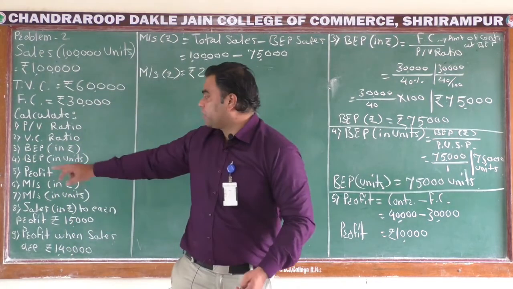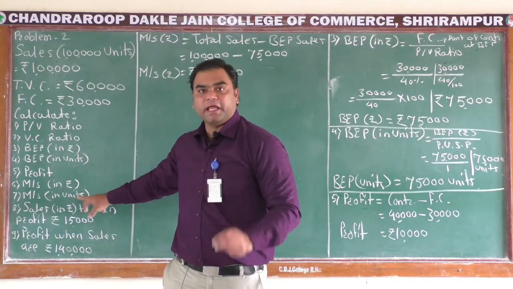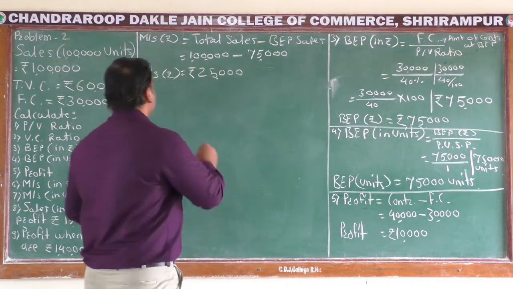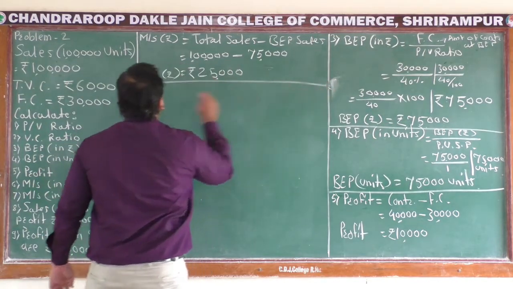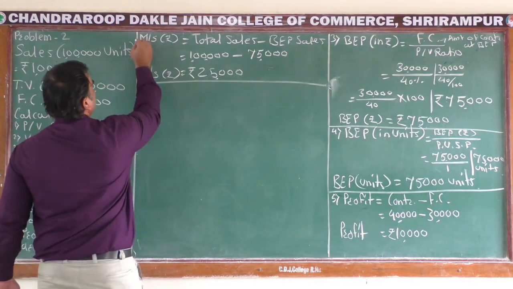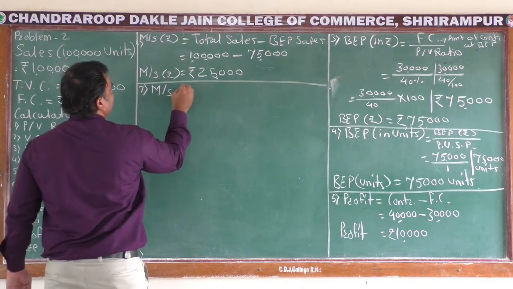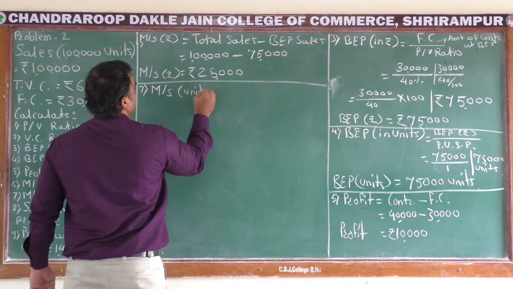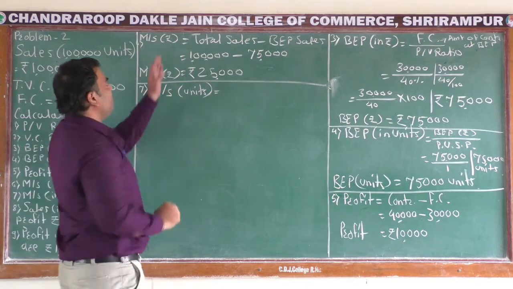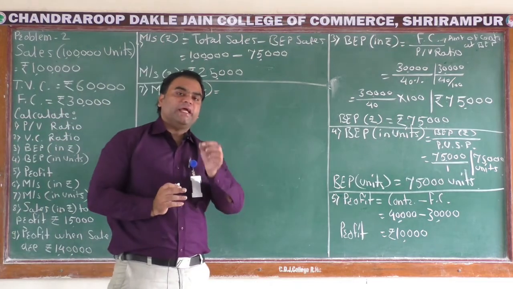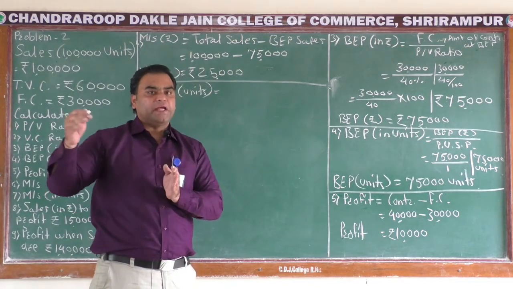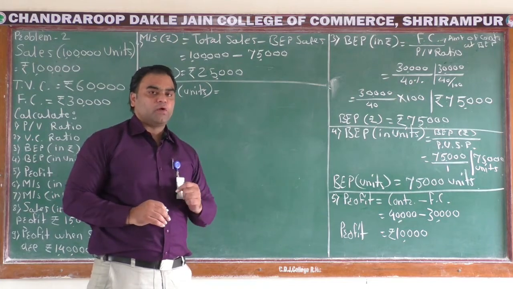Now we are going to calculate the margin of safety in units. So let's start. Margin of safety in units. If we know the amount of margin of safety in rupees, we can easily find out the margin of safety in units by using which formula?